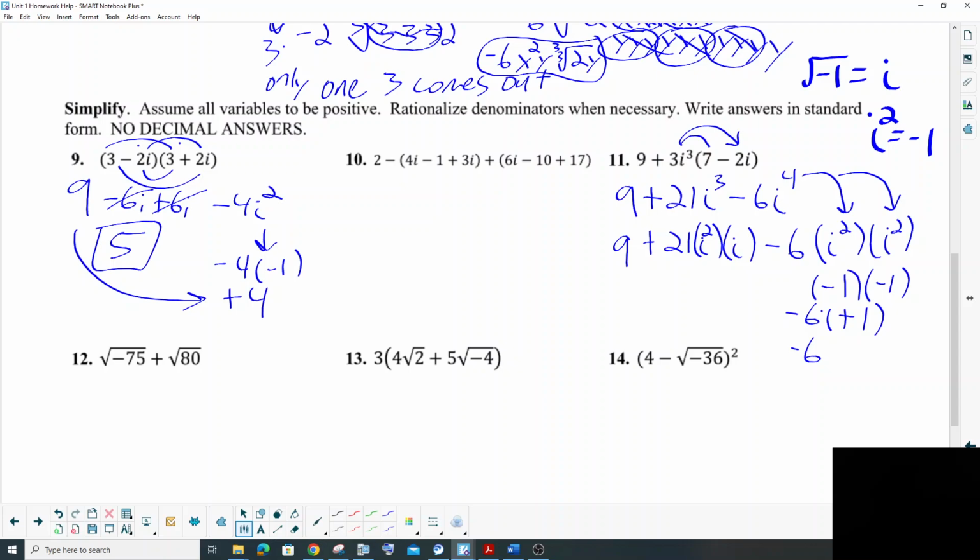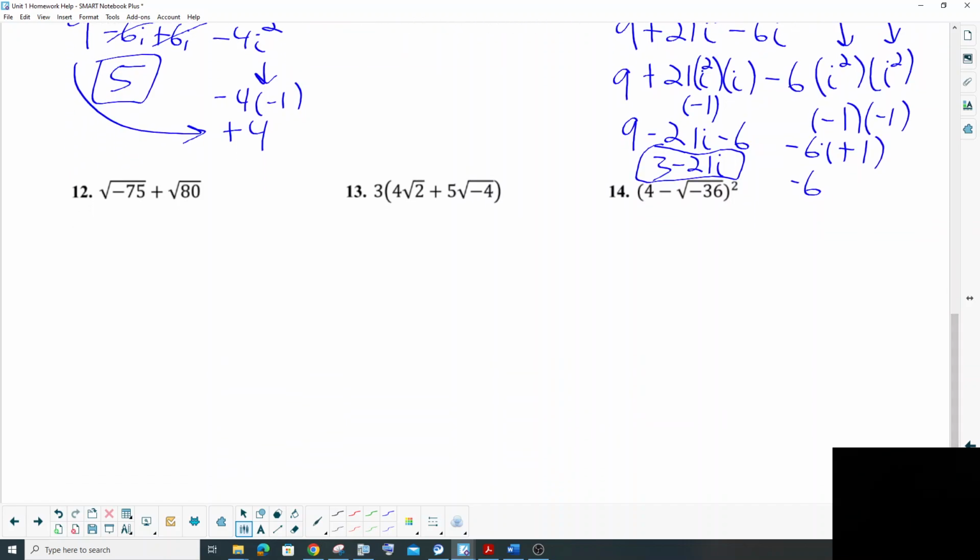That part's done. i squared again is a -1, so that changes it to 9 minus, because -1 times i times 21 is -21i. And then we have our -6. 9 minus 6 is 3, so we get 3 minus 21i. Let's go. That's number 11.